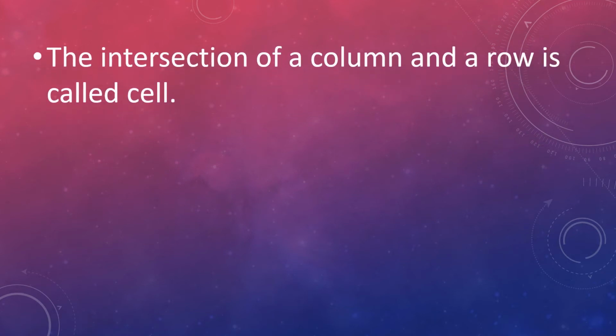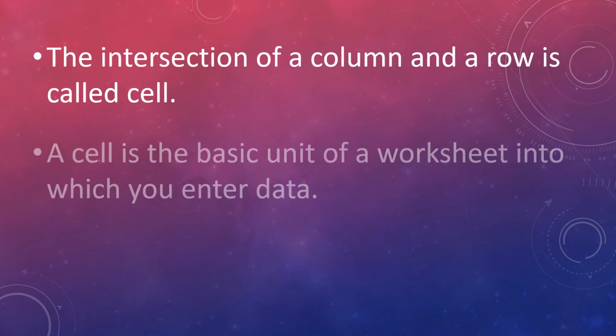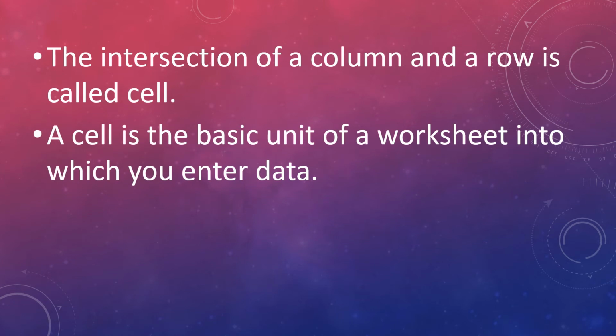The intersection of a column and a row is called cell. The boxes which you have seen, it is actually called a cell. A cell is a basic unit of the worksheet into which you can enter data.